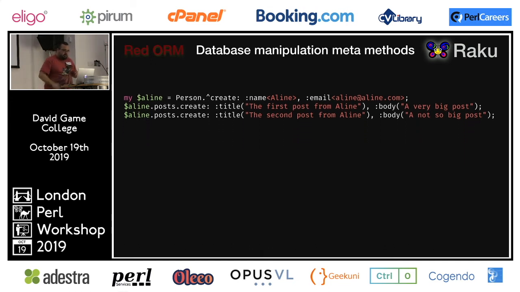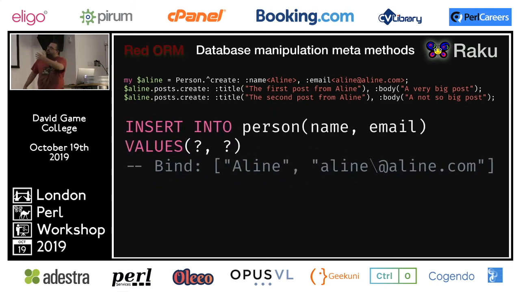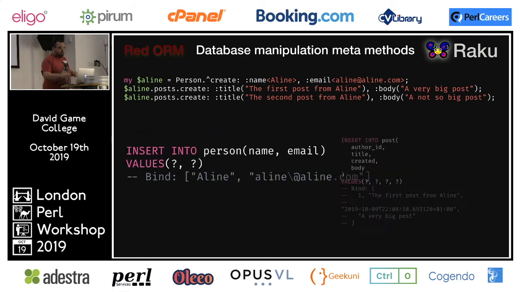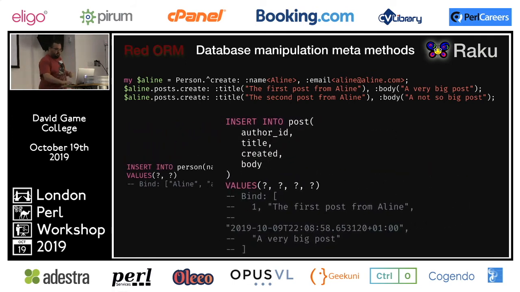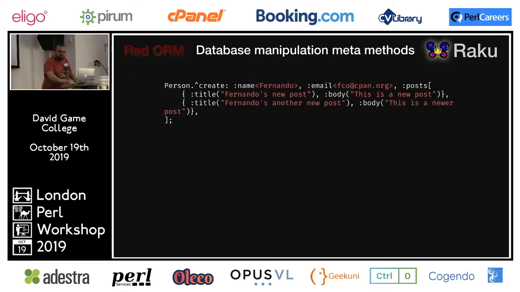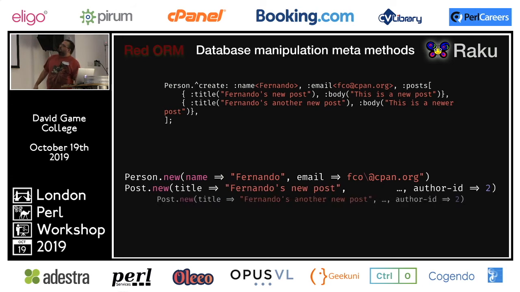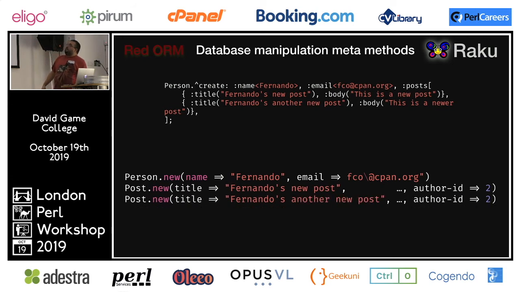Okay, you can also, the first line would run that insert, and the second one would run this insert. You can also, for example, here I'm creating a new person, Fernando, that is also creating posts.